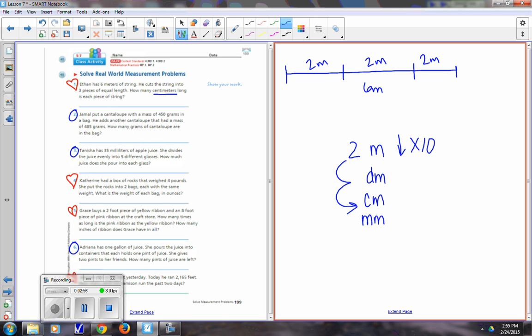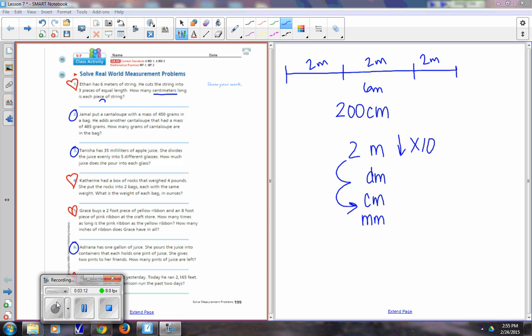So the way I see it, 2 times 10 again is going to give you 200 centimeters. So you should have 200 centimeters for each string. That's number 1. That's your first heart.